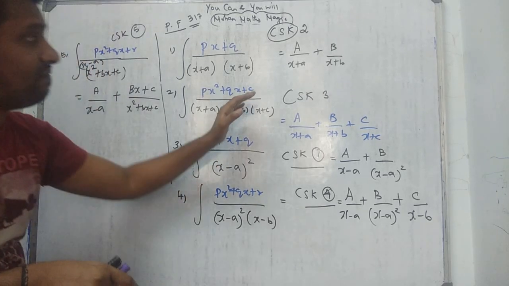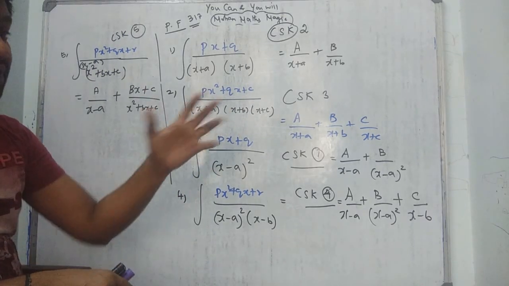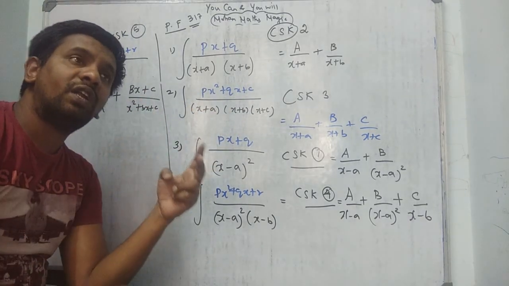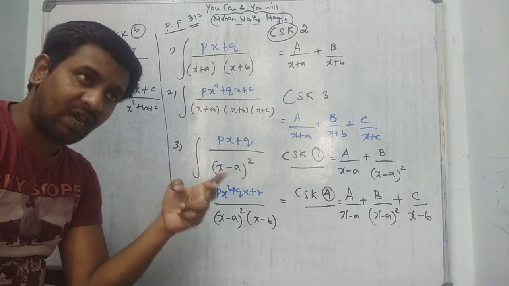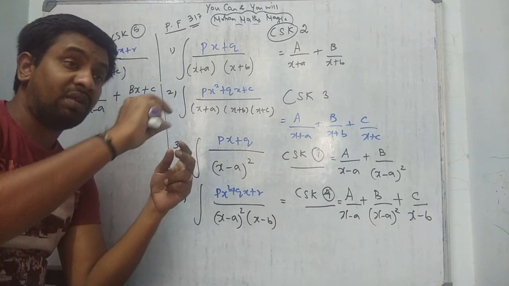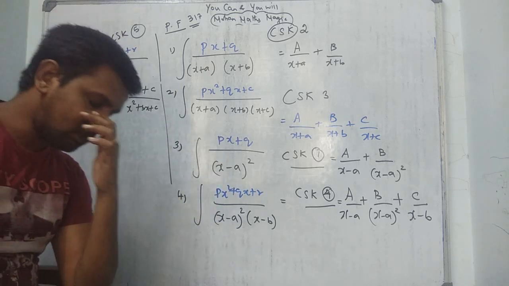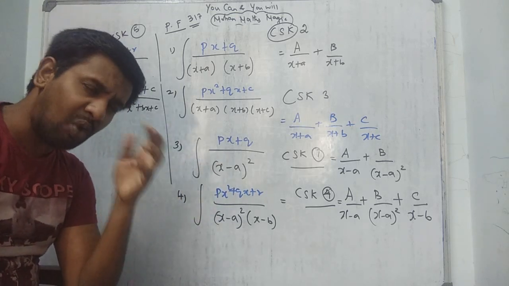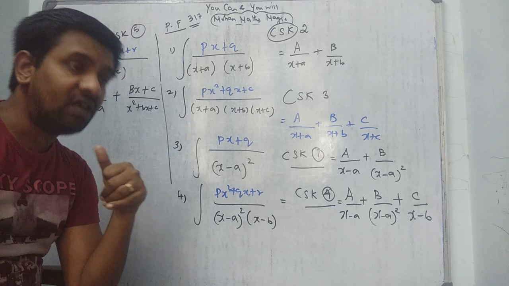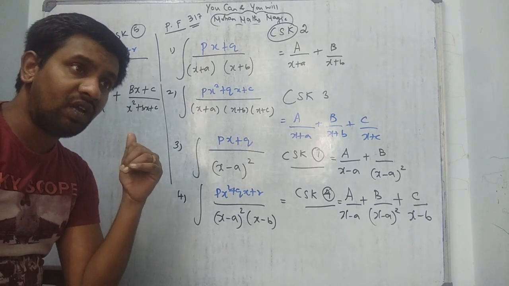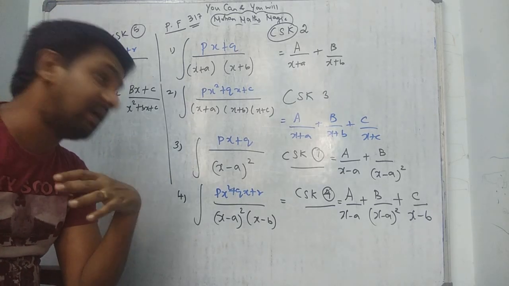And one more concept I wish to tell you here. In the previous exercises, if the numerator and denominator powers of x are the same, or the numerator power is bigger, use the long division method. Kindly refer to my previous video. If the numerator power is smaller than the denominator, it is clear: you have to use the lambda mu method, which I have done in many sums.